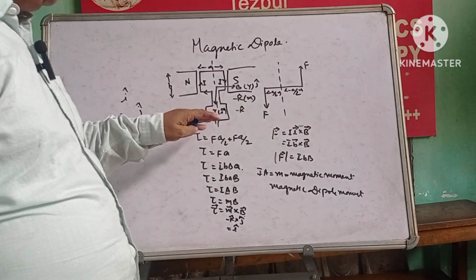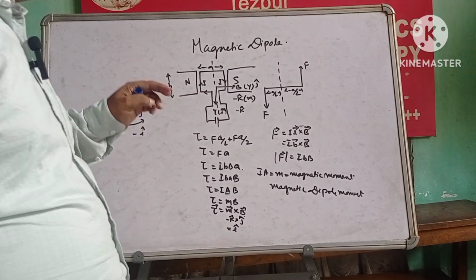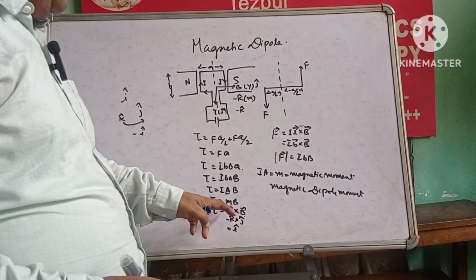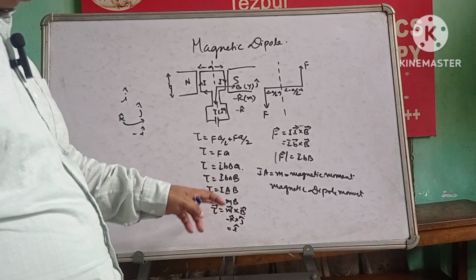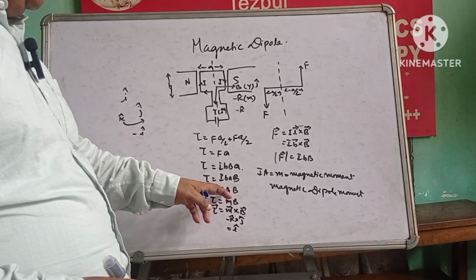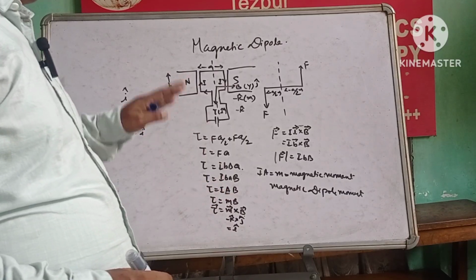So again I am telling the direction of the torque. Because we know the direction of the dipole moment, for a current carrying loop, the direction of the area is always perpendicular to the surface.